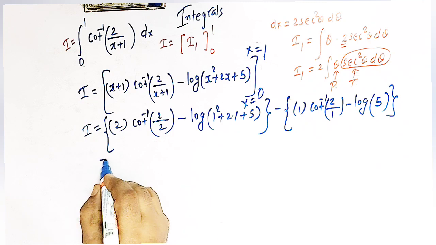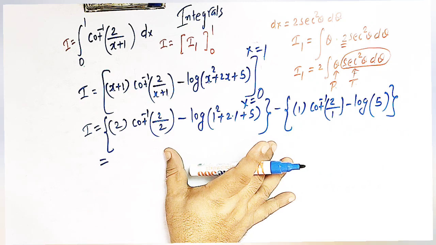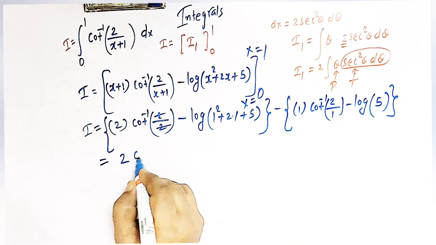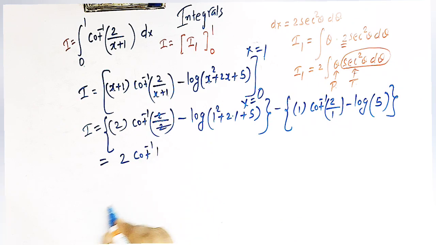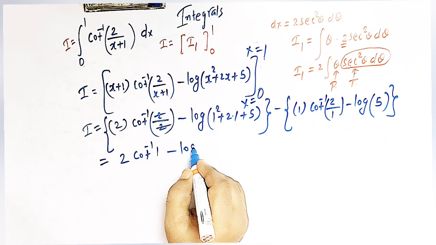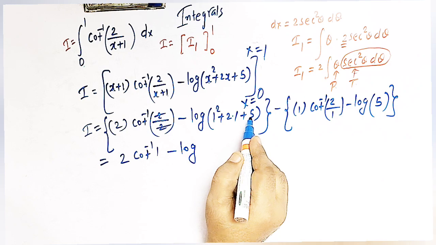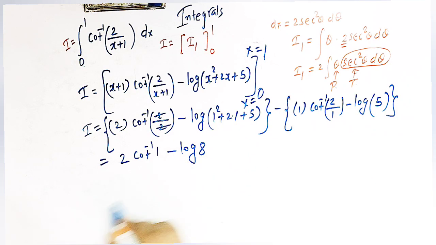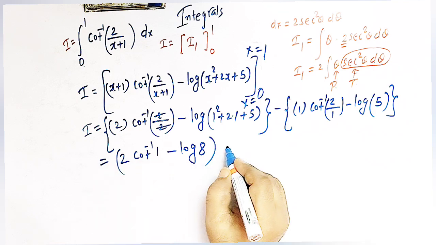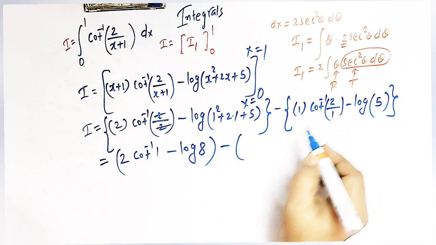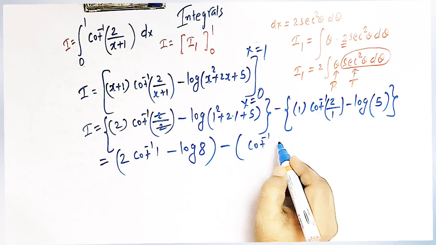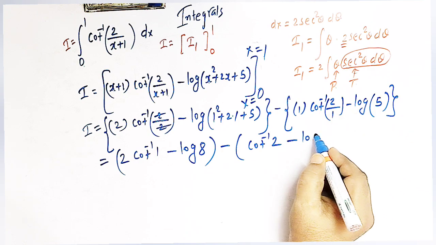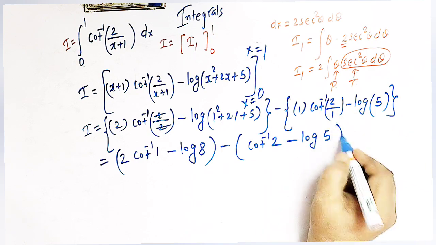So we can now solve this expression. We have 2, 2 and 2 get cancelled, so we have cot inverse of 1 minus log of this is 5 plus 2, 7, plus 1, 8, right? And then we have minus, here we have simply cot inverse of 2, and then we have minus log of 5.